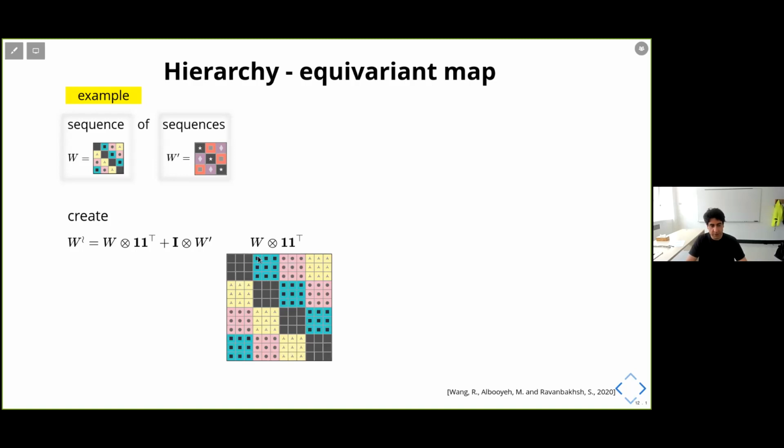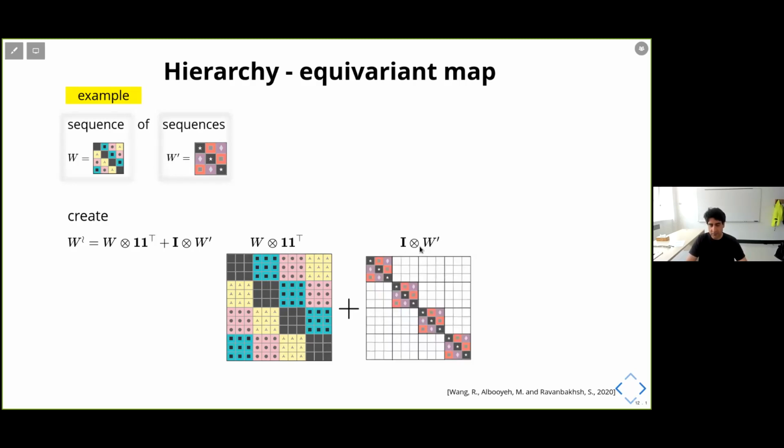The first term here is a Kronecker product of W with a constant matrix. It's simply blowing up this original matrix. The second term is a Kronecker product of identity and W prime. It's putting W prime blocks on the diagonal. So we are looking at a sum of these two terms, but it's hard to see what this is doing.